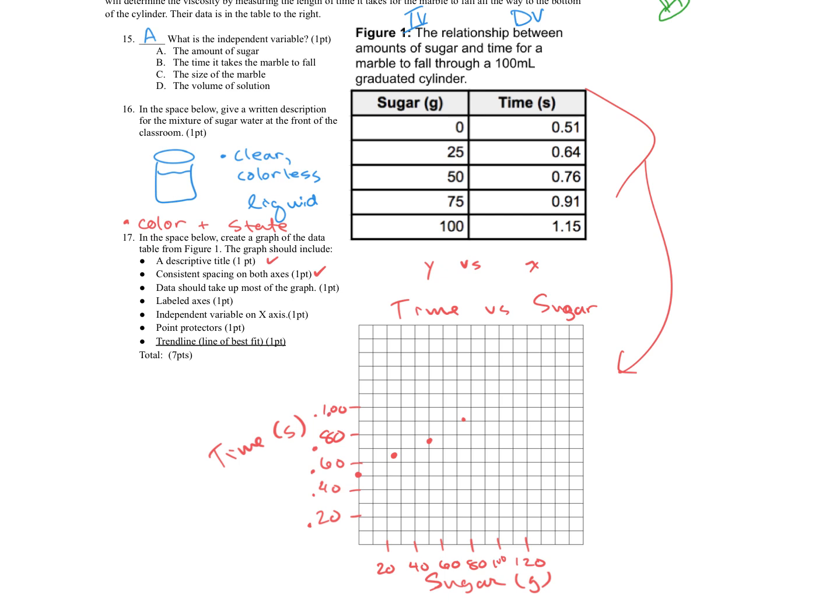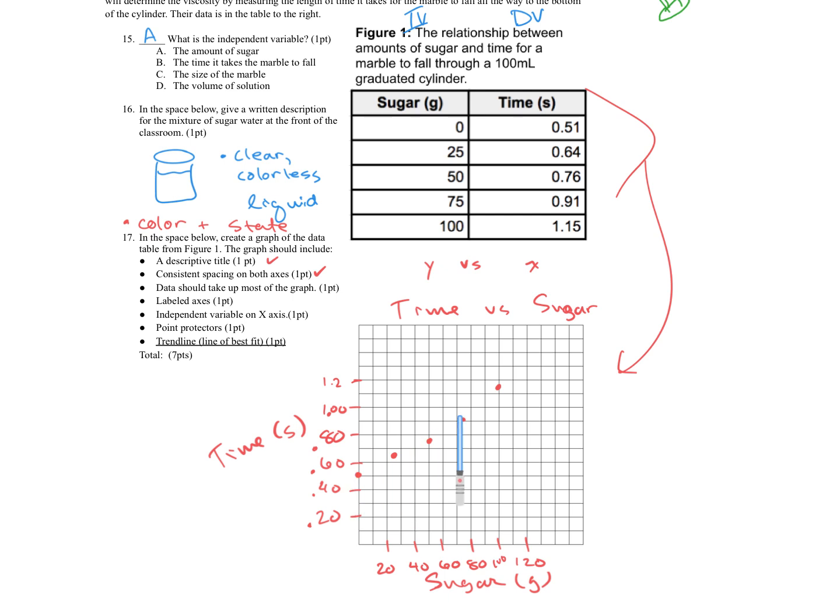So this is 1.0, this is 1.2, and 1.15 is right below that, halfway between 1.1 and 1.2.